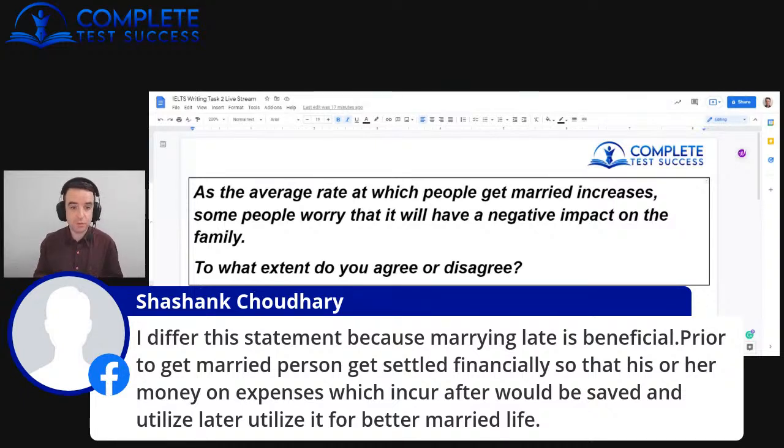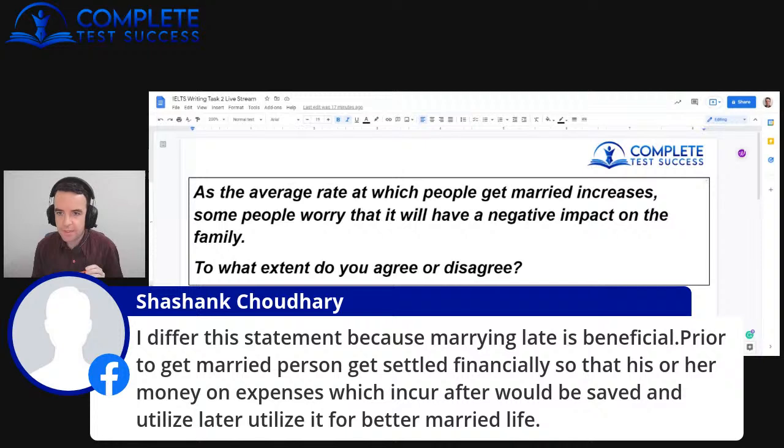But if I didn't have the question and I was reading this, it would be quite difficult to guess that you're saying "disagree." So in relation to your ideas, "prior to getting married," so that's "getting," not "get." Be careful with infinitives, "to" plus infinitive. You need to do some research on that grammar.